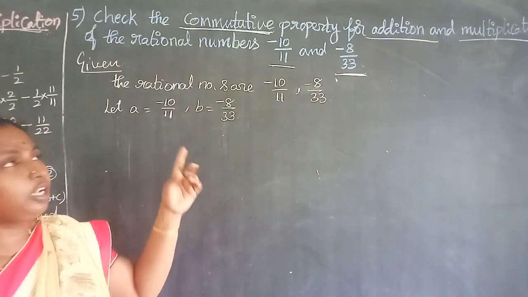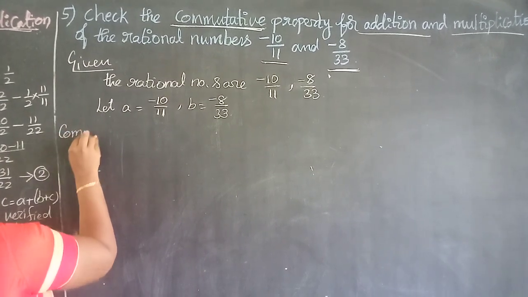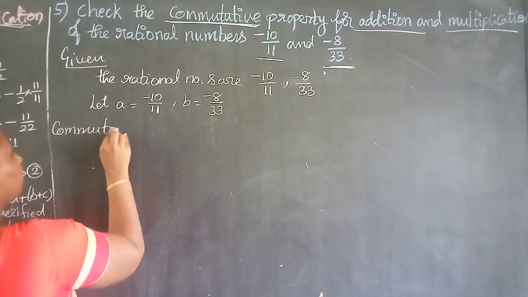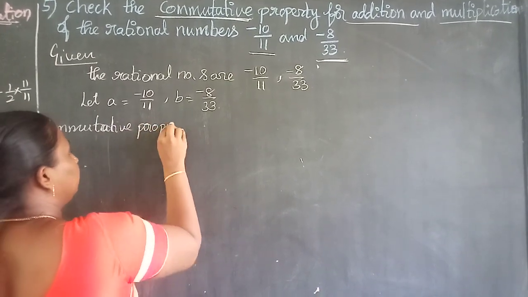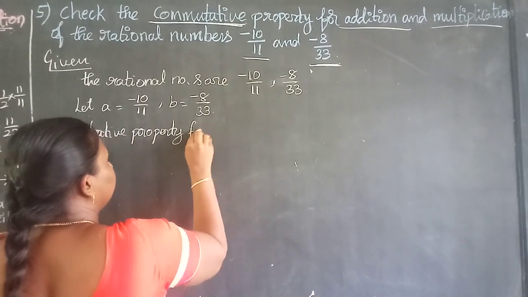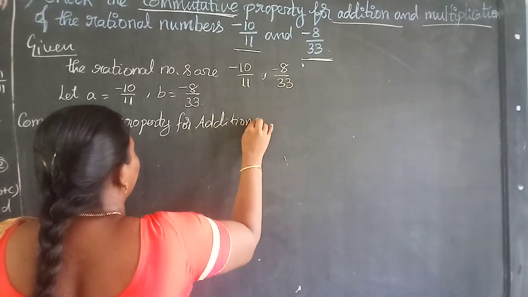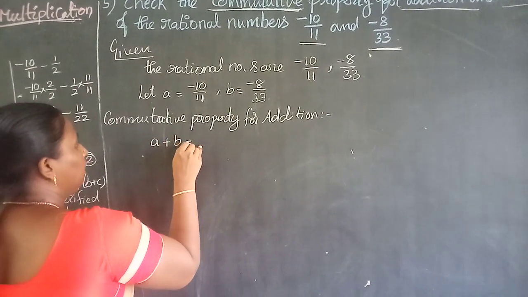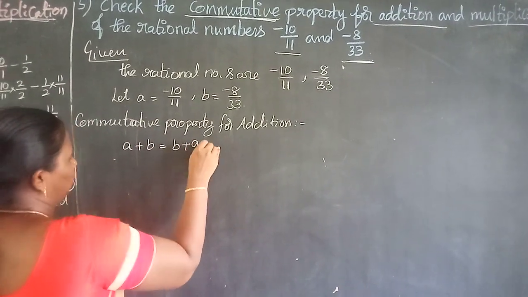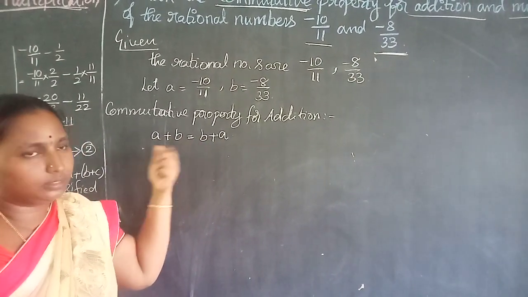Now we are going to check commutative property for addition. So what is commutative property for addition? A plus B equal to B plus A. We are going to check whether we got both sides equal answer or not.